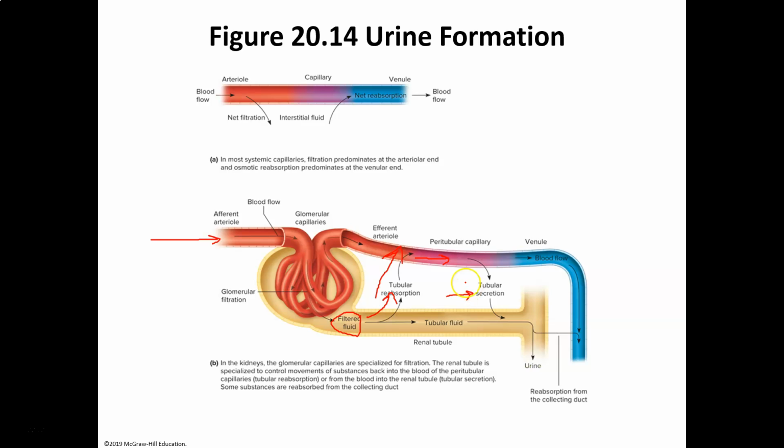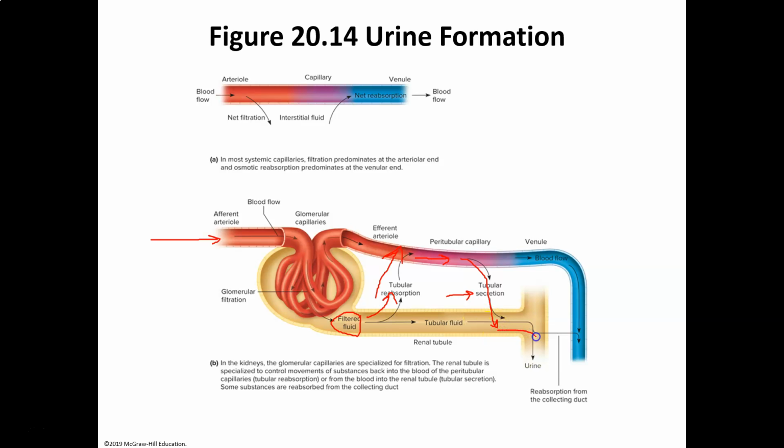In order to secrete something, you have to take it from a capillary and stick it into the tubes. So, filtrate at the glomerulus goes through into Bowman's capsule. That's a filtrate. Stuff you want back, you reabsorb it. The stuff you don't want, you secrete it.